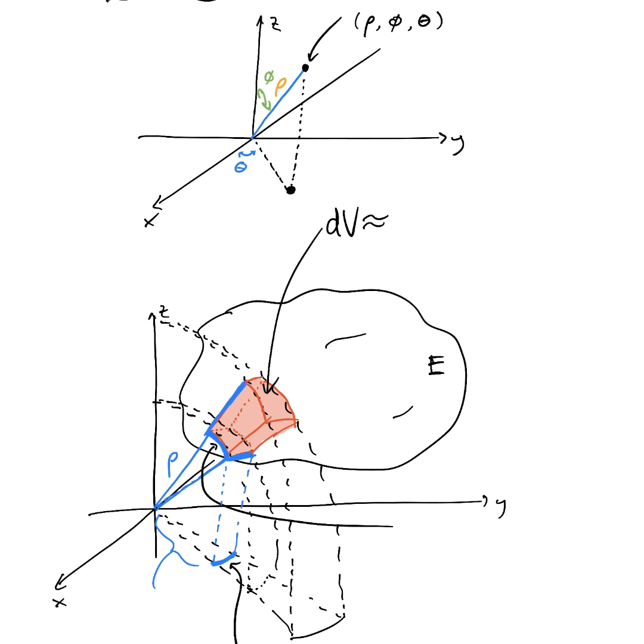That spherical wedge comes from some tiny change in swing down angle from the z-axis, so some tiny change in angle phi. It comes from some change in distance to the origin, so some tiny change in distance rho. And it comes from some change in swing angle down there in the xy plane, so some tiny change in theta. And we would like to produce an estimate for the tiny volume contribution of that one wedge.